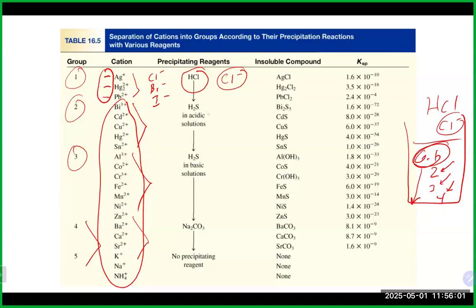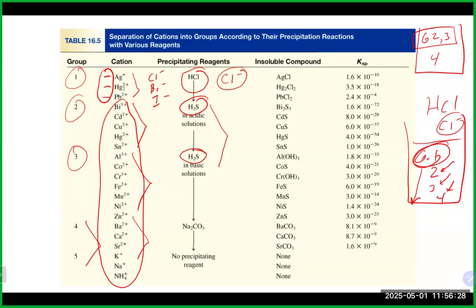Then when you come to group 2 and group 3, you have still in your beaker group 2 and group 3 and also group 4. Group 2 and group 3 are actually separated out from each other by the same reagent. They're actually precipitated out by hydrogen sulfide gas, which if you ever smell sulfur is a great reason why we don't want to do this anymore in these buildings.